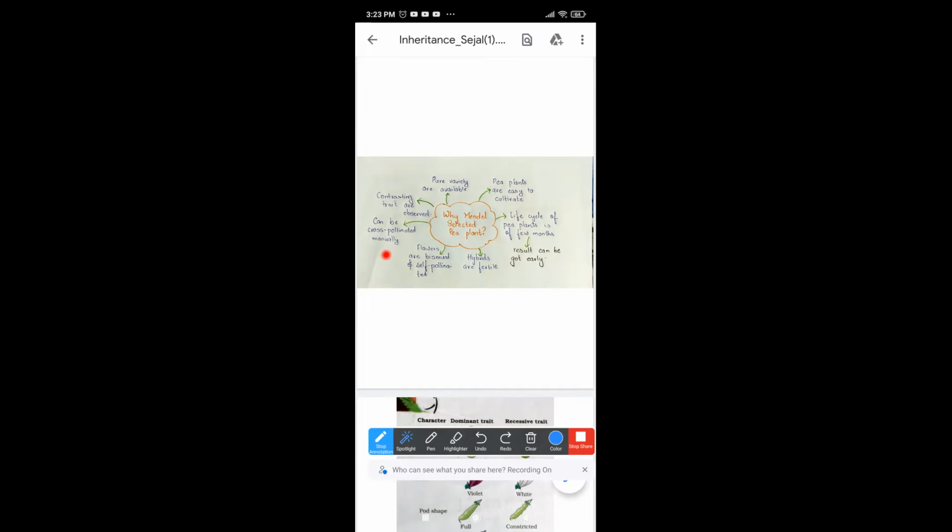They can't be cross-pollinated by natural means; we have to cross-pollinate them manually. Contrasting traits are observed. There are certain contrasting traits, which we are going to see further. And pure varieties are available. There are pure lines.